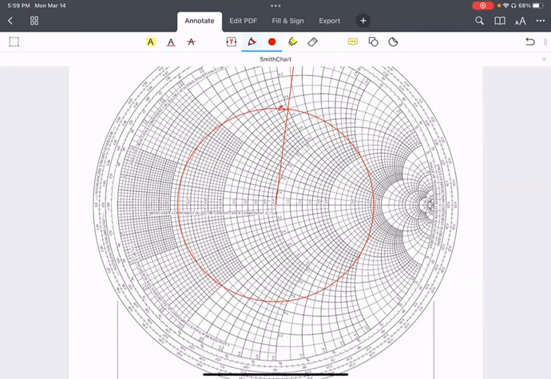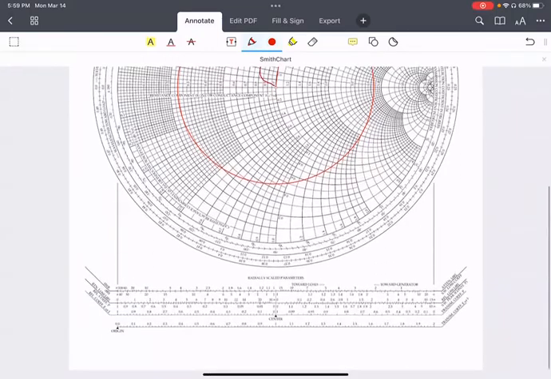That's option A. Option B is you could just measure the distance to the load. In other words, you could just measure that, call that D1, and come down here and go that way, however far D1 takes you. That's the other option. So what are some values?